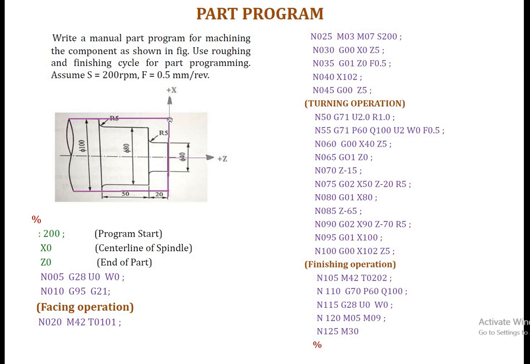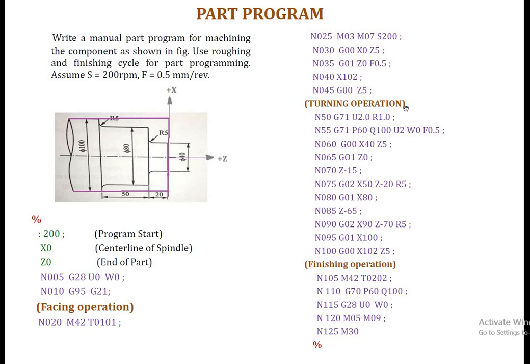This is 100 and 102, so 2 mm above this raw material. And Z5 means Z is here plus 5. So X is 102 and Z is 5. Now the tool rapidly moves to this position.